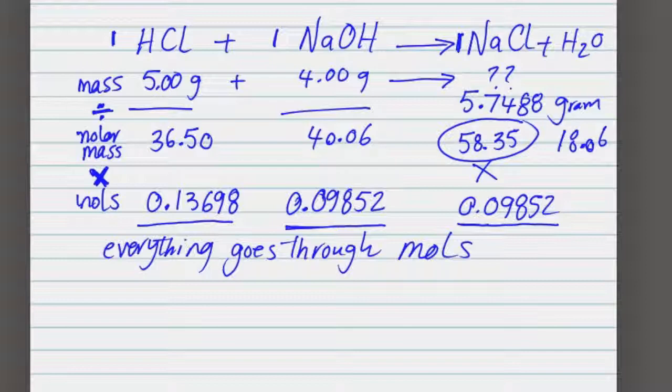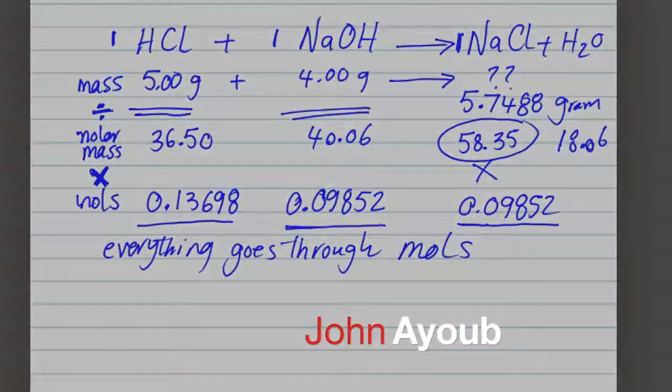And so be careful, because one would think, oh, 5 grams of HCl plus 4 grams of NaOH would give us 9 grams of NaCl, but that's not the case. So it's 5.7.